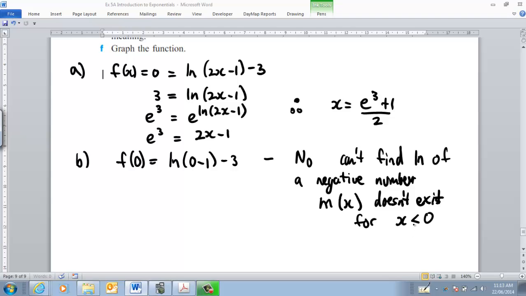Alright, less than or equal to, I think ln of, you can't even find ln of 0. So less than or equal to 0.